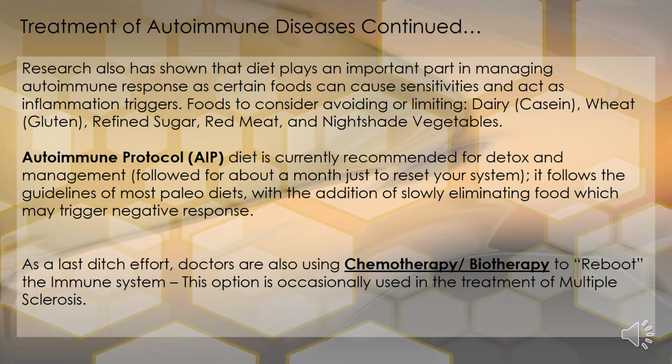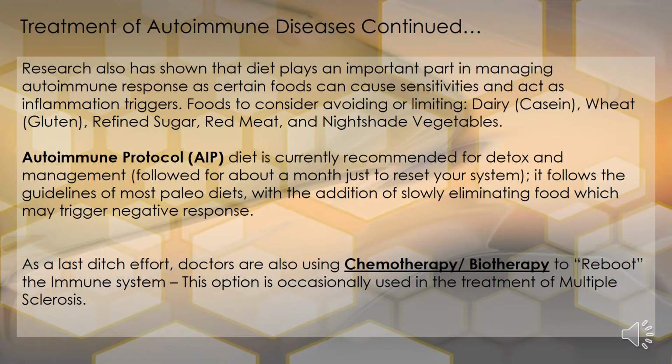The foods they're recommending to consider avoiding or limiting include dairy because of the casein and whey proteins, wheats because of the gluten, refined sugars can be very inflammatory, even red meat and nightshade vegetables such as tomato or eggplant.